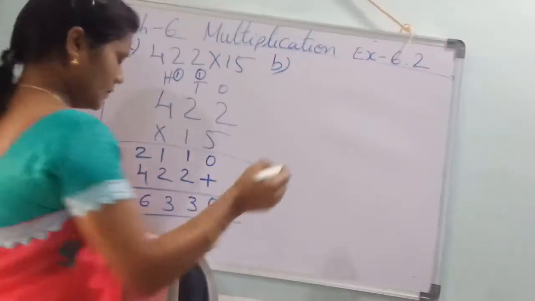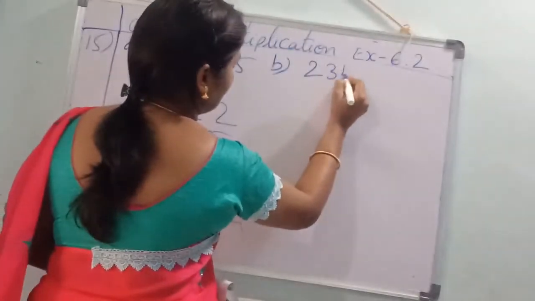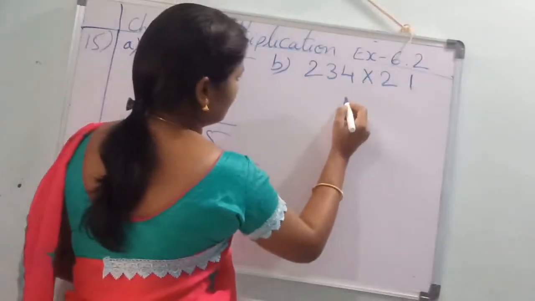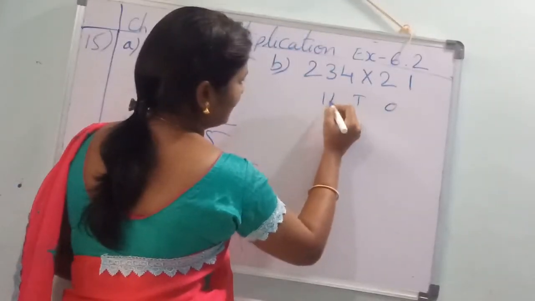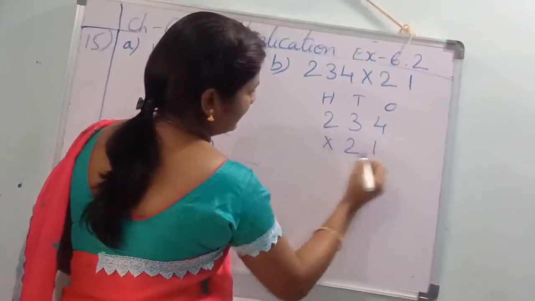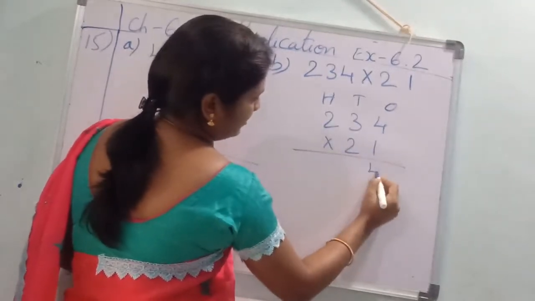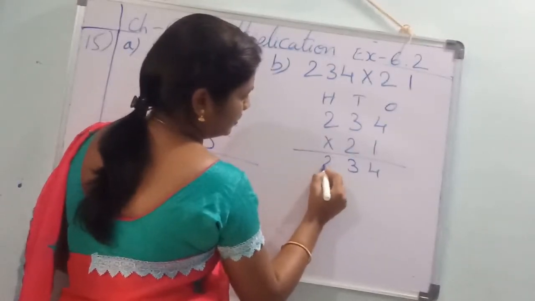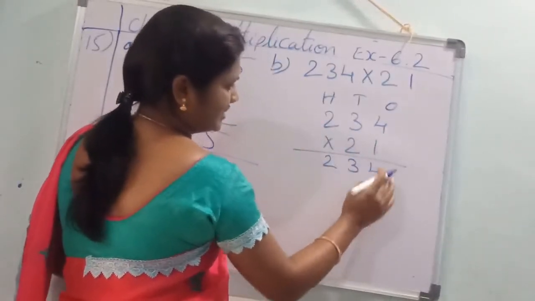B1. 234 into 21. Yes. Ones, tens, hundreds. See, 1 4s are 4, 1 3s are 3, 1 2s are 2, ones place completed.